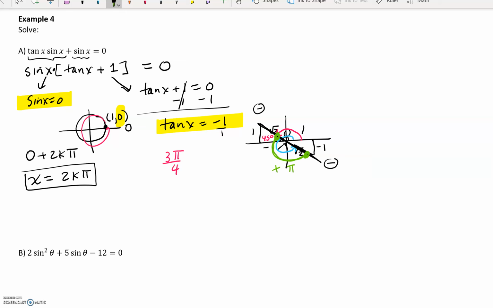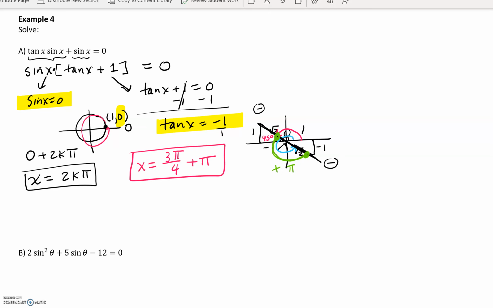So why bother looking for the blue angle if I can pick it up by just adding a pi to the answer that I've gotten here? So pi k, or k pi, multiples of pi will give me the blue angle also. So that's all the solutions for part A. One came from sine x equals 0. The other one came from tan x equals negative 1.